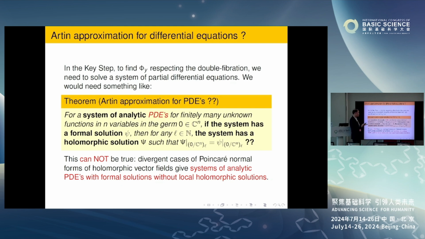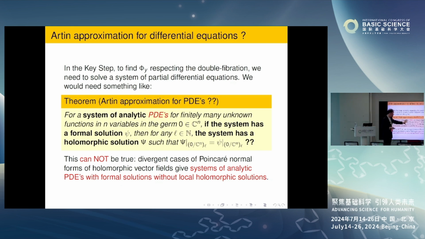And we want to know whether there's a convergent solution, but this small denominator example is a counterexample to this local approximation for PDEs. So for systems of PDEs, such approximation does not hold. We cannot use this kind of result to prove what we want.